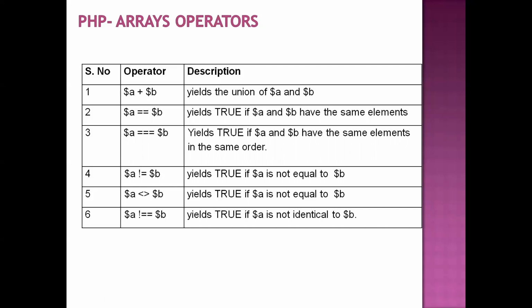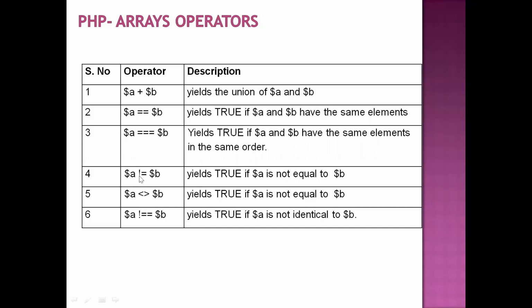Otherwise, it will return false. So for the equality operator, the elements need not be in the same order. If the elements of array $A and array $B are equal, then it will return true. But in the case of identity, the elements as well as the order must be the same, then it will return true. Otherwise, it will return false.